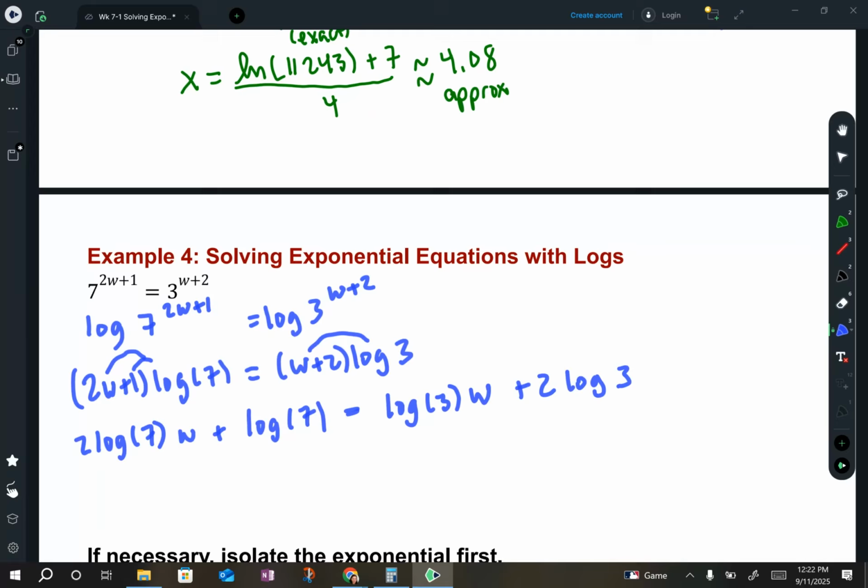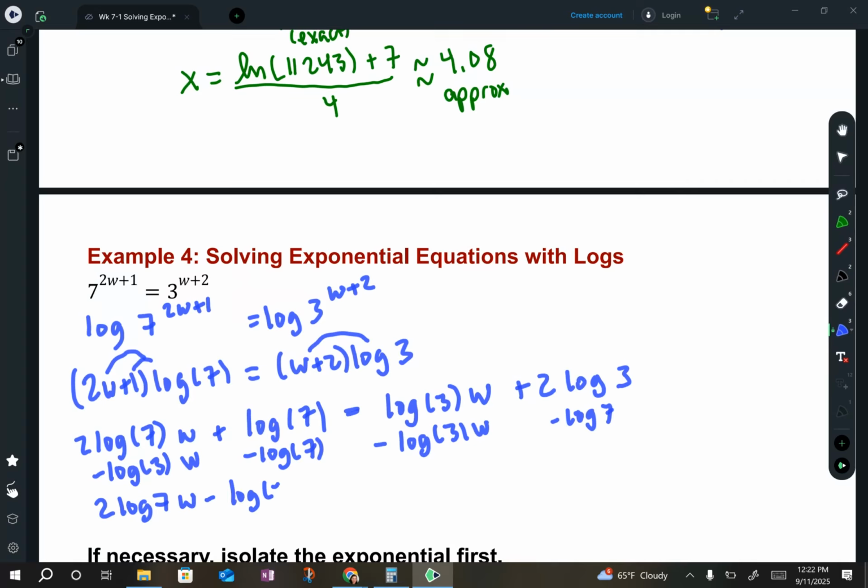Let's get all of our w terms on one side and our non-w terms on the other. So I'll subtract log 3 w from both sides, and I will subtract log 7 from both sides. That gives me 2 log 7 times w minus log 3 times w equals 2 log 3 minus log 7.